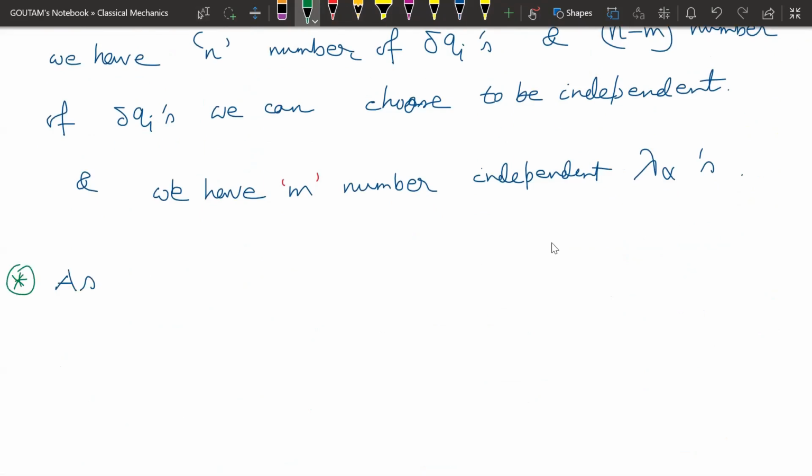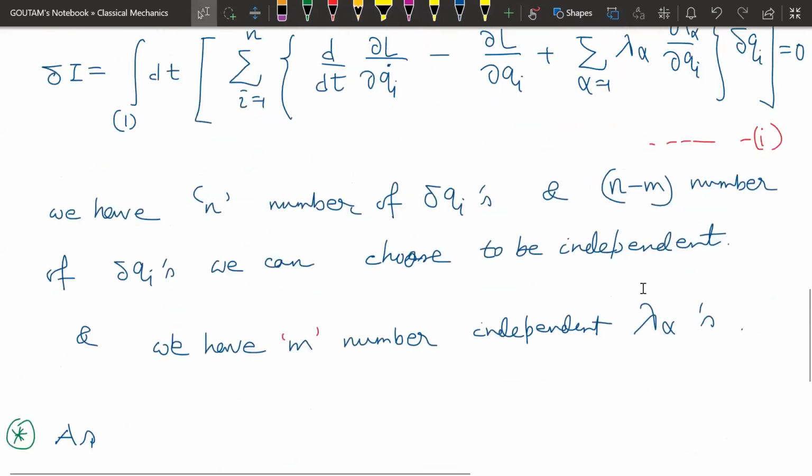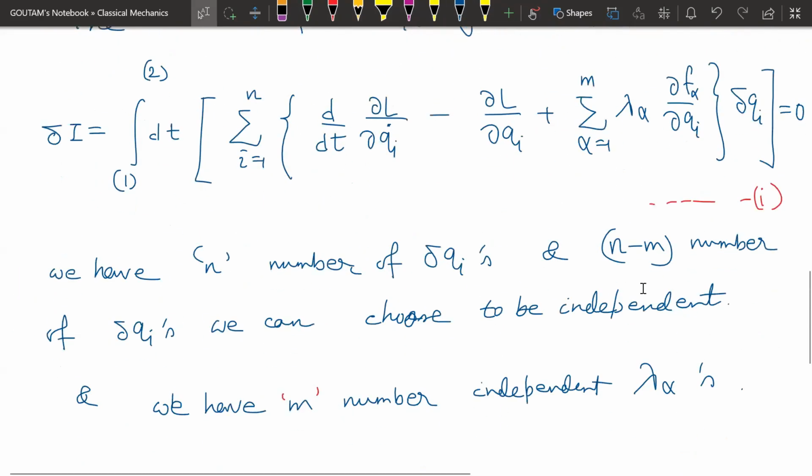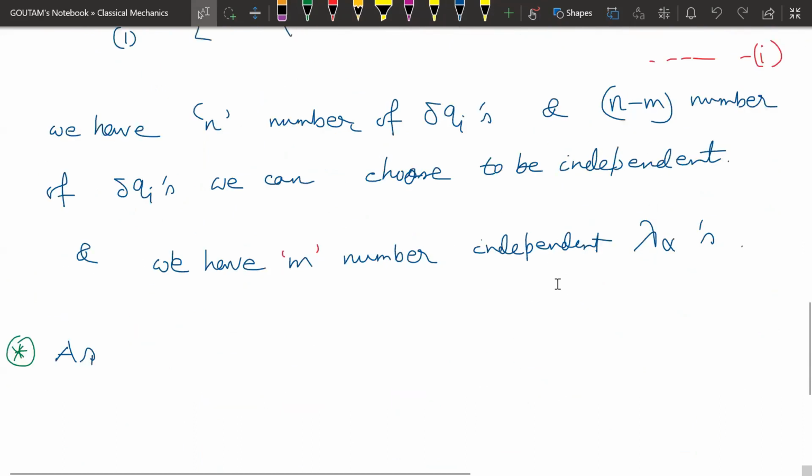So this is a very important property we are going to use.